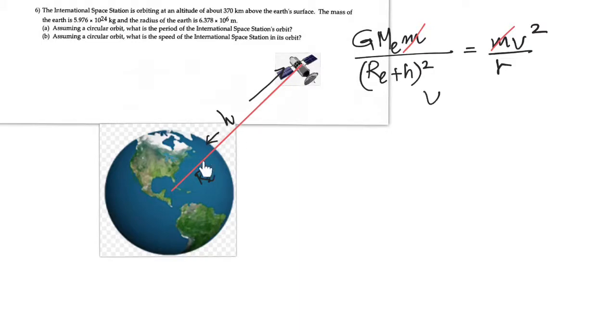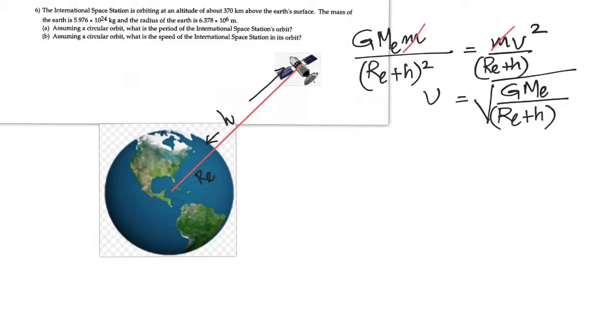Well, this is not drawn to scale because the height is much smaller than the radius of the Earth. Anyways, the masses get cancelled. You rearrange. You get this as the velocity. And that's the universal gravitational constant.